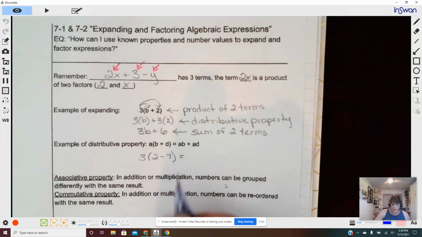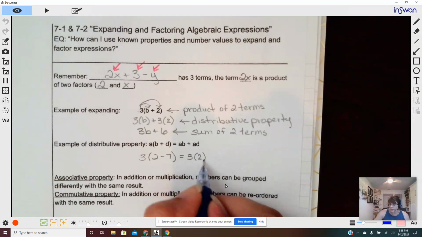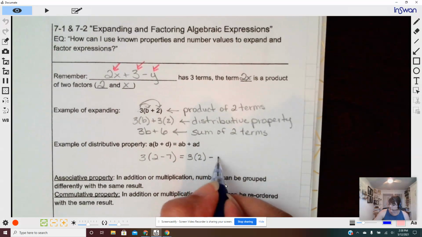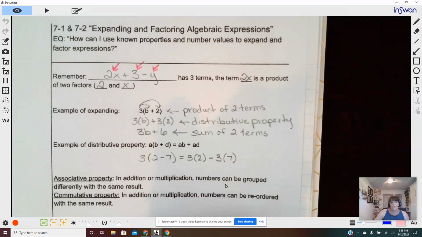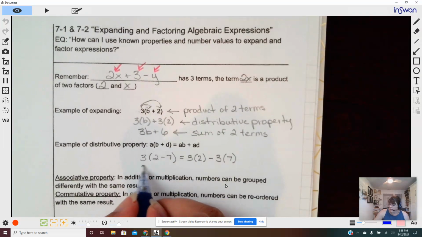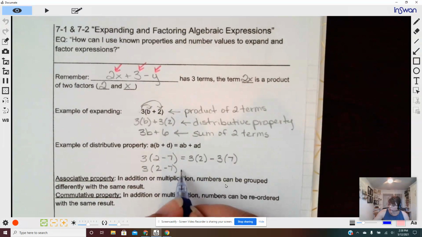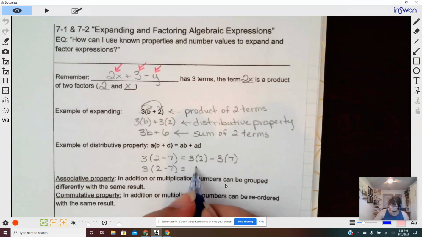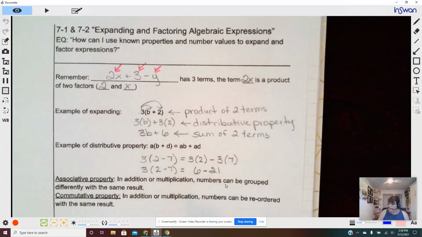Would that be equal to 3 times 2 minus 3 times 7? Yeah. 3 times the quantity 2 minus 7 could also be equal to 6 minus 21.